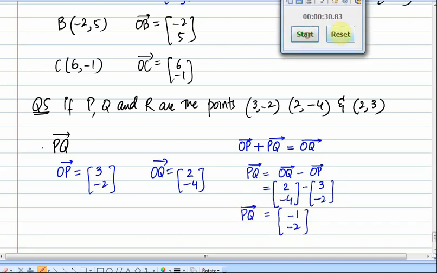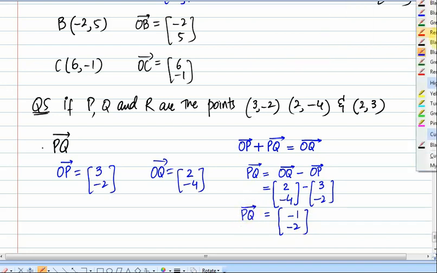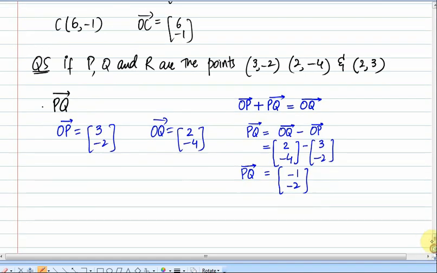For the second part, it says write down the column vector of QR. Keeping in mind that you have the value of OQ and OR, what equation you will make? First, write down the equation and then start solving. You have 40 seconds to solve this question and start.